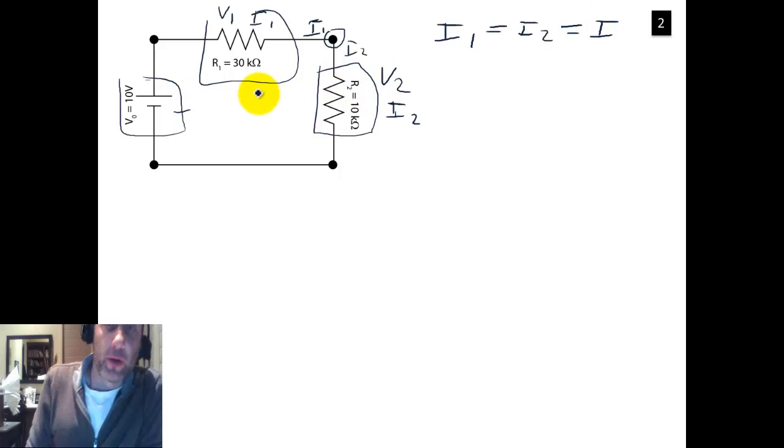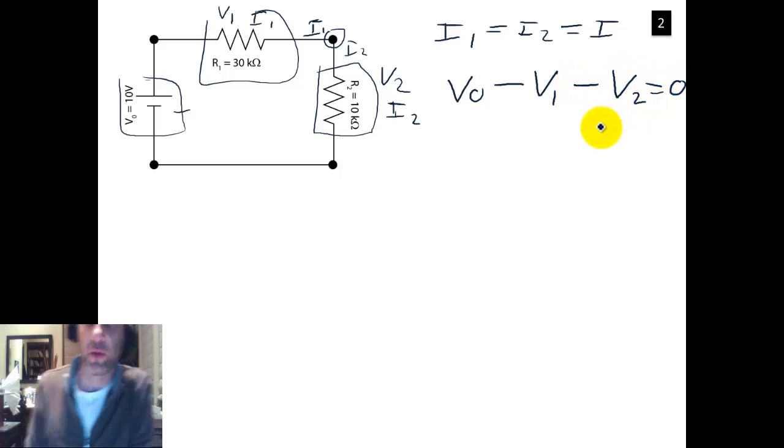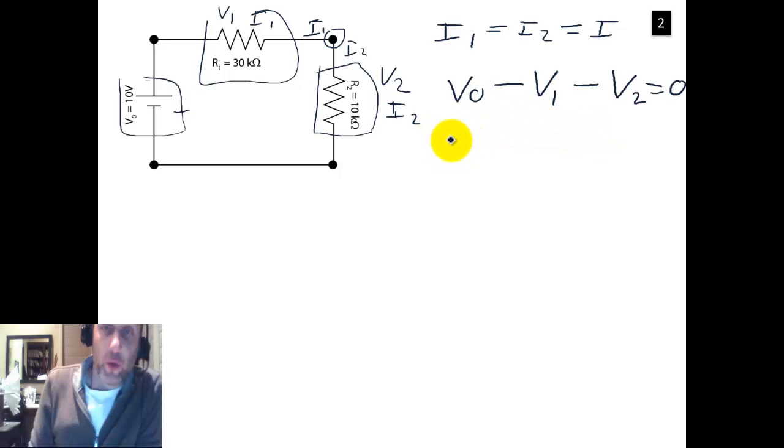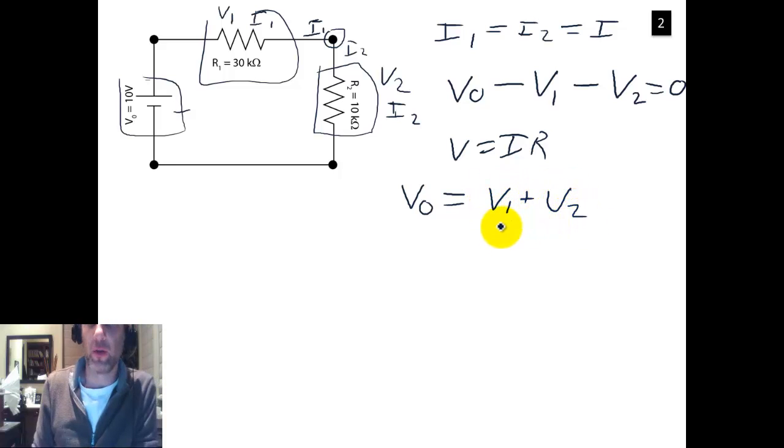Now let's use Kirchhoff's second law and look at the voltages as we go around. We should have V naught, that gain in voltage right there of 10 volts, minus the voltage drop over resistor 1 minus the voltage drop over resistor 2 has to equal 0. Use Ohm's law, so V equals IR. Let's rearrange that, so we have V naught equals V1 plus V2.